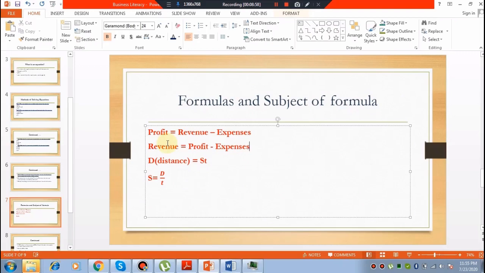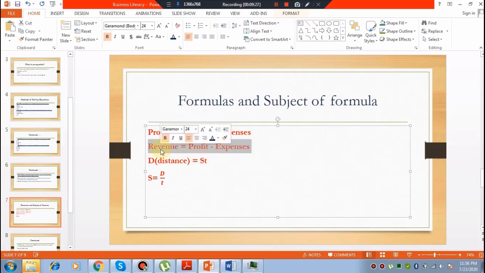So guys, there's a lot of things that you can do. Sometimes, let's say I want to calculate expenses. Again, you're going to make expenses the subject of the formula.